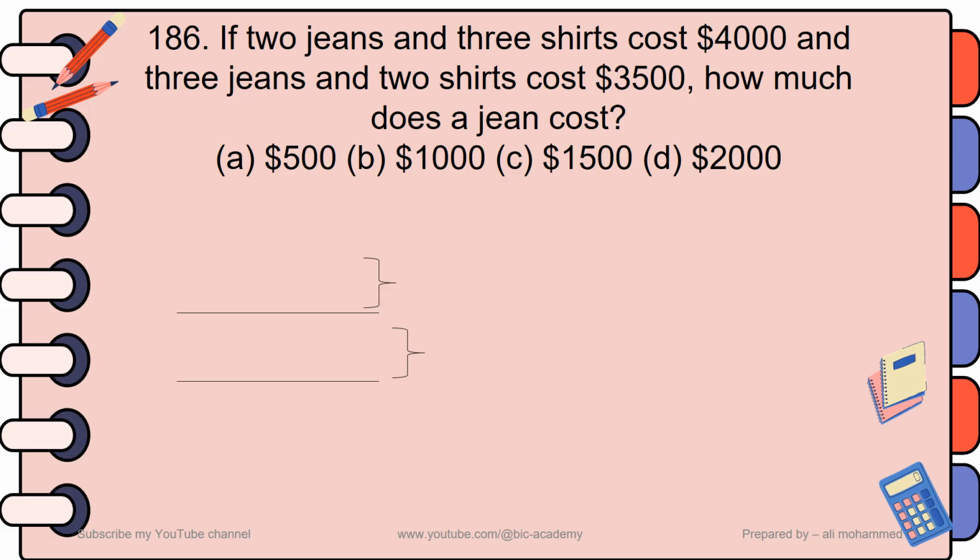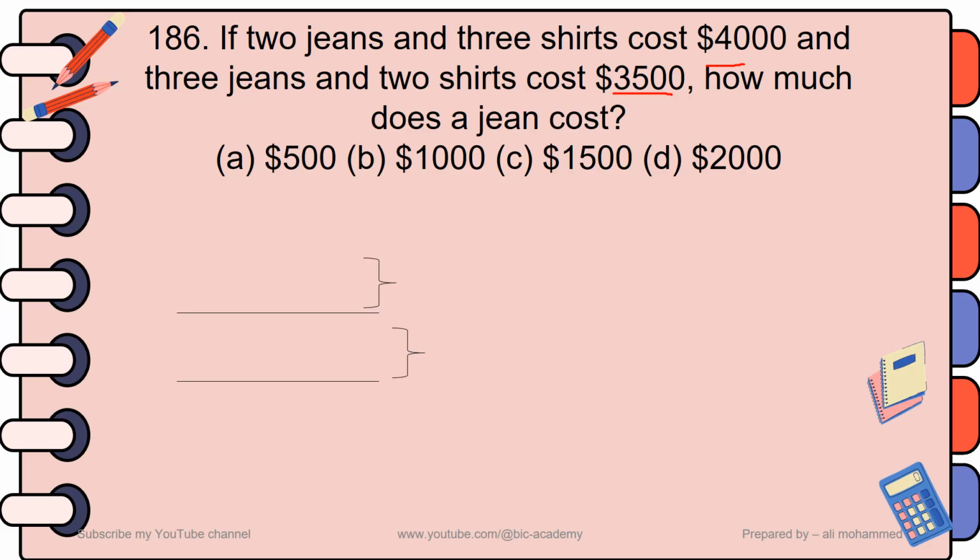Question number 186. It says that if two jeans and three shirts cost $4,000 and three jeans and two shirts cost $3,500, how much does a jeans cost?